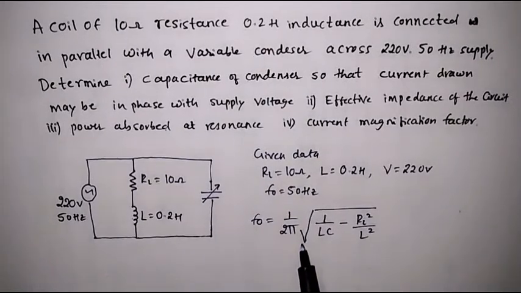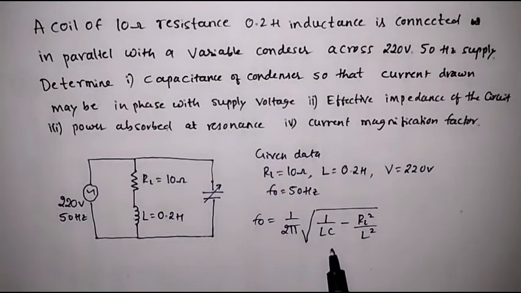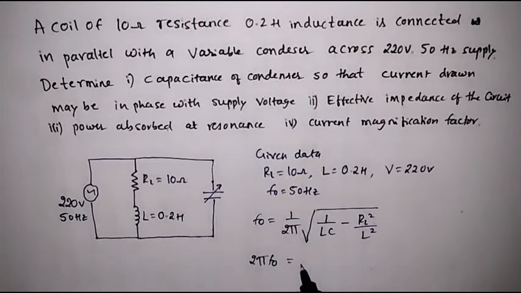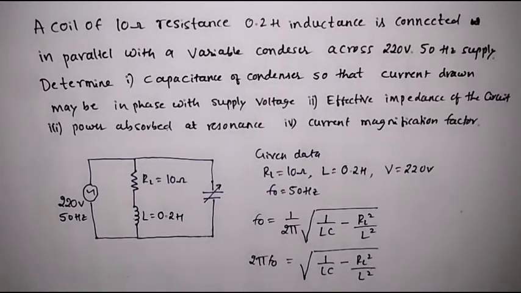Now with the help of this formula, let us extract C value. I'll simplify this to get C value. Later I'll substitute the data. So I can write 2 pi F0 equal to under root 1 over LC minus RL square by L square.